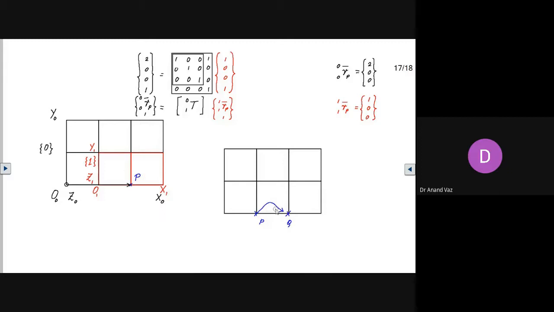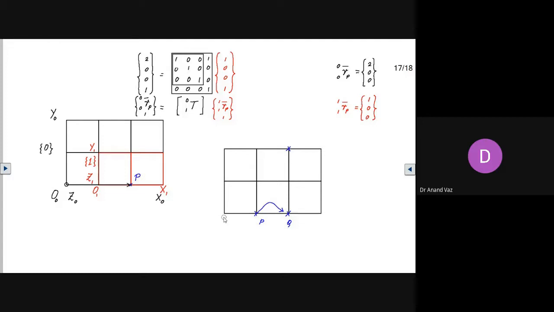So suppose I want to move the location of the point P from here, and I wish to place it here. Or here, let's say here, for example. How much should I shift it?